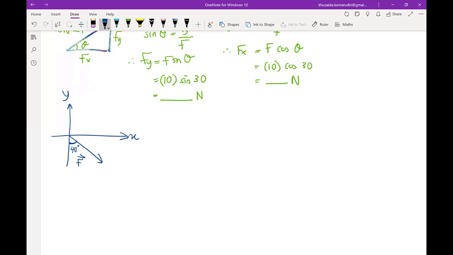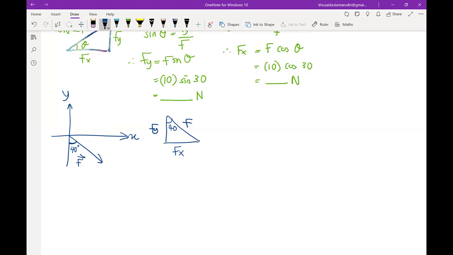Again, what you have to do is draw a triangle over there. So letakkan the angle 40 degrees, and you have the horizontal component fx, vertical component fy, and the hypotenuse f over here. Kena perhatikan betul-betul lah angle dia dekat mana kali ni.